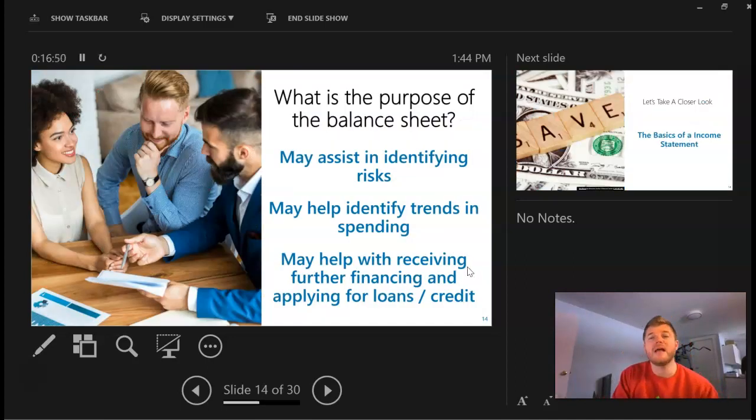The purpose of a balance sheet is identifying risks, helping identify trends in spending, and also helping with receiving any further financing and applying for loans. If you were going to go in and apply for a mortgage, they want to see your personal balance sheet. So basically, how much are you worth? I know when I was in college, I was worth negative amounts of money. And many of you probably are, because even a car is not an asset because it's depreciating.